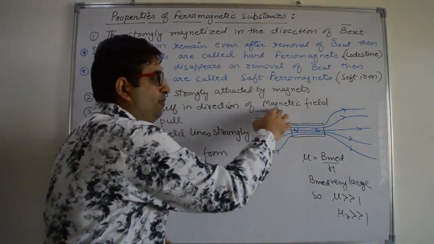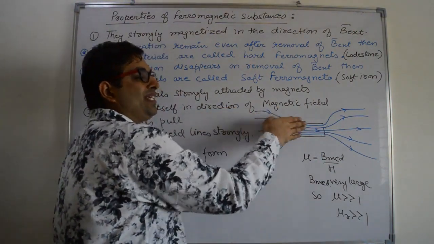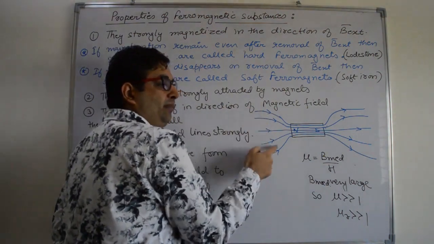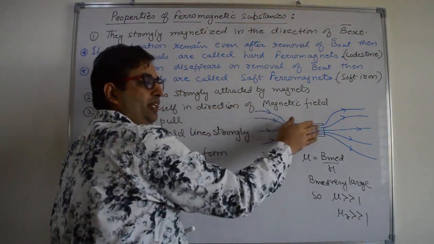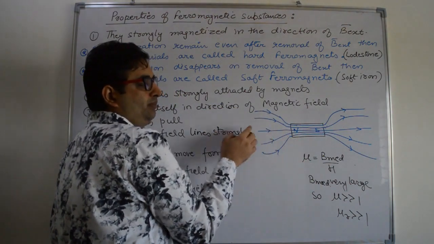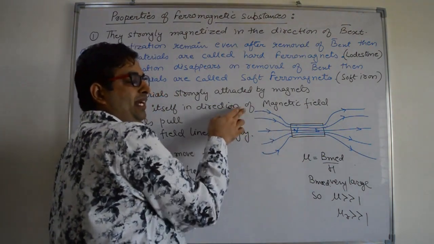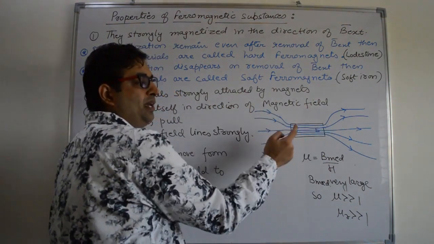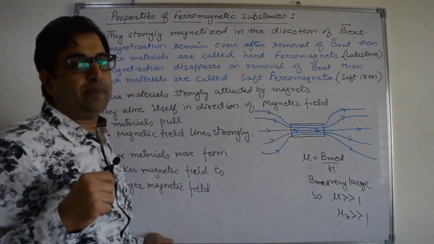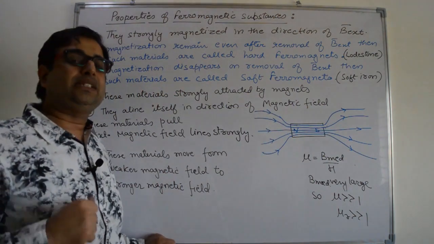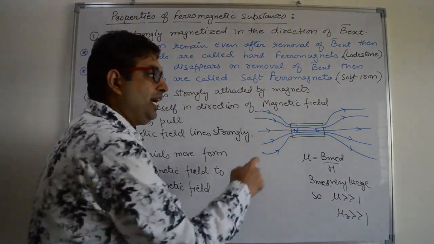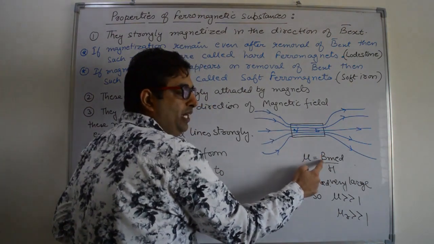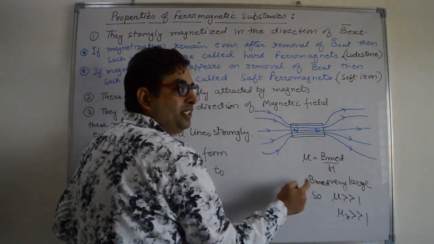So this type of material aligns itself in external magnetic field and pulls external magnetic lines of force through it, and you can see in this diagram the surrounding magnetic lines of force are passing through the material. Why? Because this material has a property to pull external magnetic lines of force and it creates a strong magnetic field inside it. So the magnetic field inside the medium is very, very large.